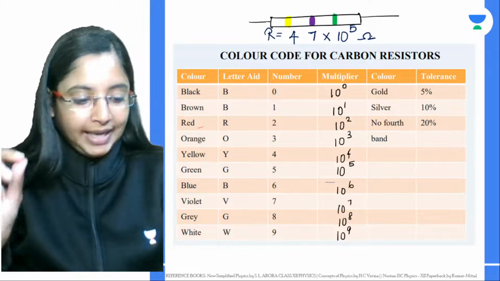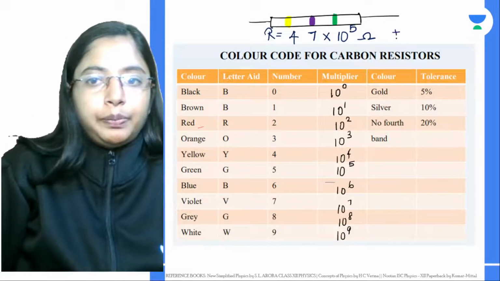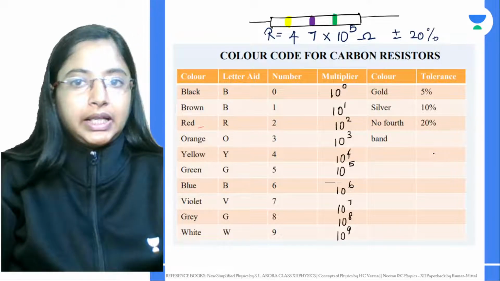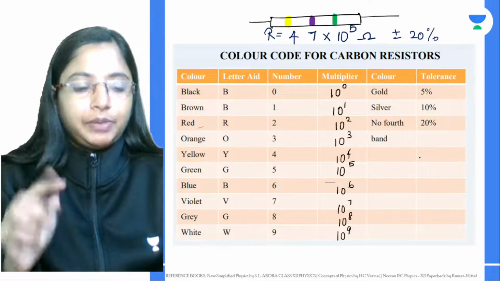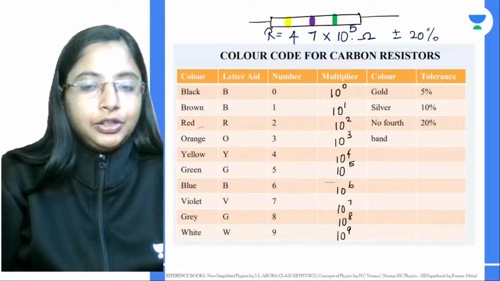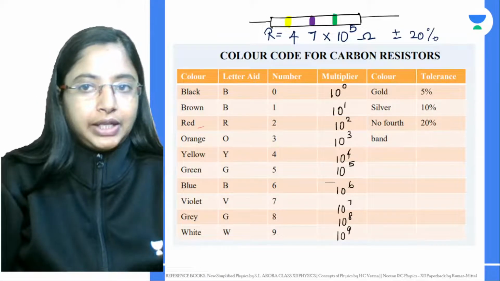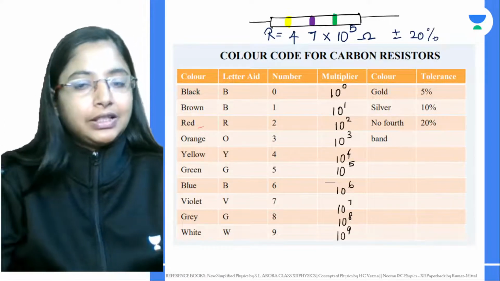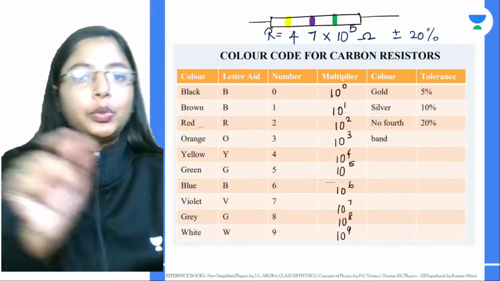If there is no fourth band present, the tolerance level is plus or minus 20%, meaning this 47 into 10 to the power of 5 ohms value could be 20% more than this value or 20% less than this value.